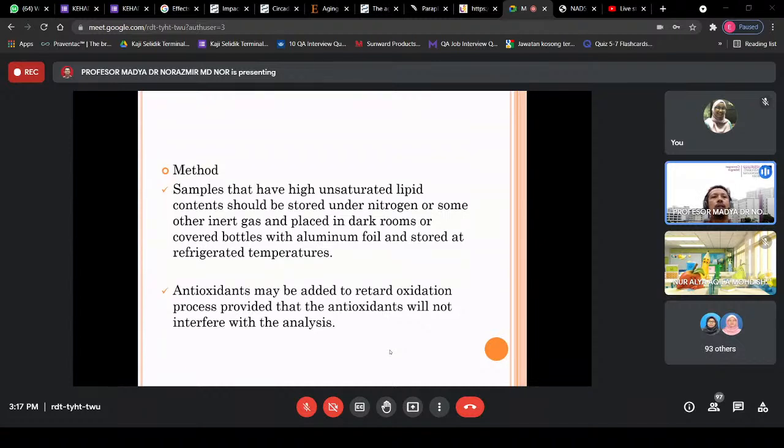Antioxidant may be added to retard the oxidation process, provided that the antioxidant will not interfere with the analysis. So at the end of the day, the nutrition analysis is not interfered with or influenced by the antioxidant.